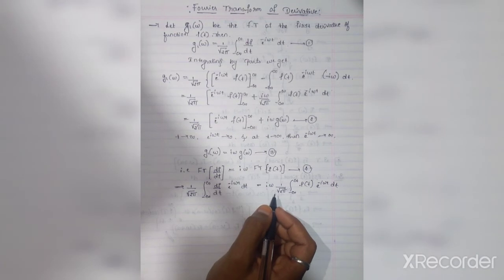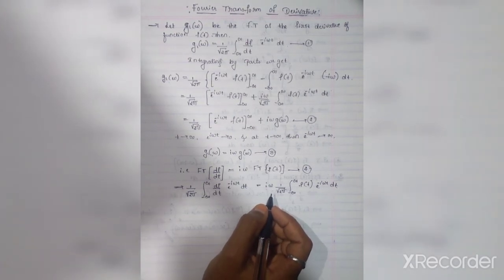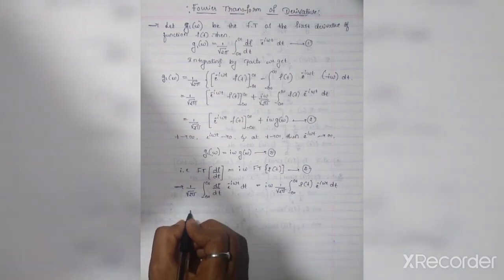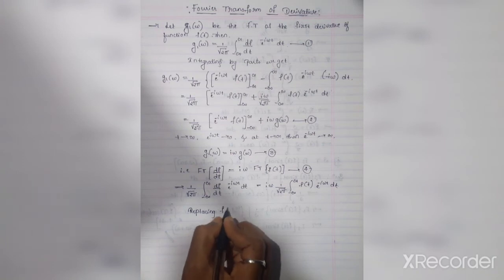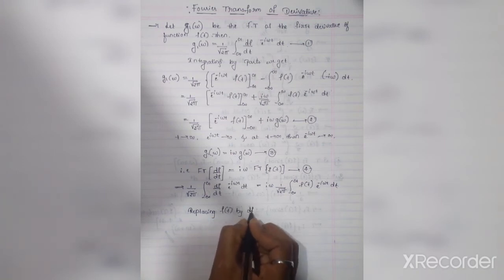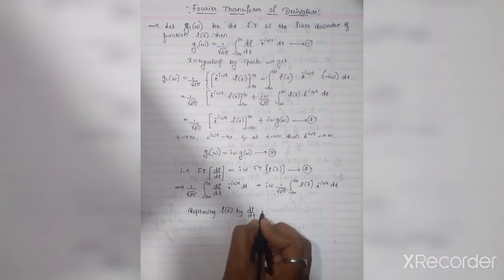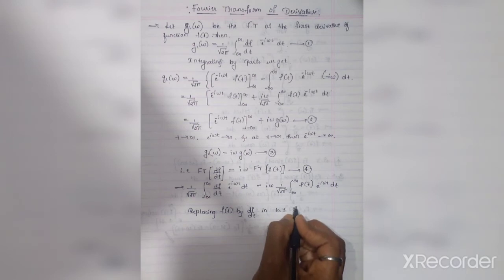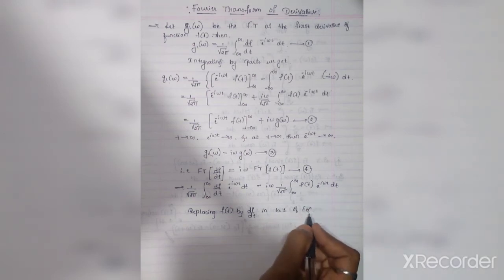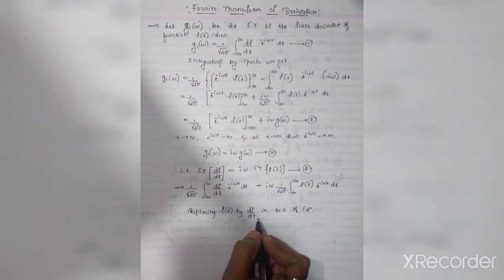Okay. Now replacing f of t by df by dt on both sides of the equation. So replace f of t with df by dt.